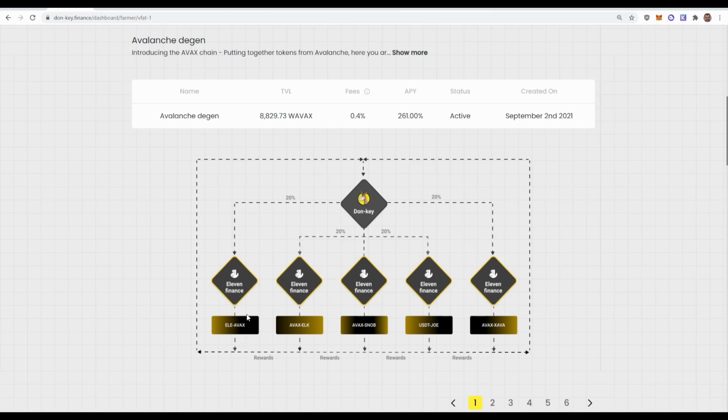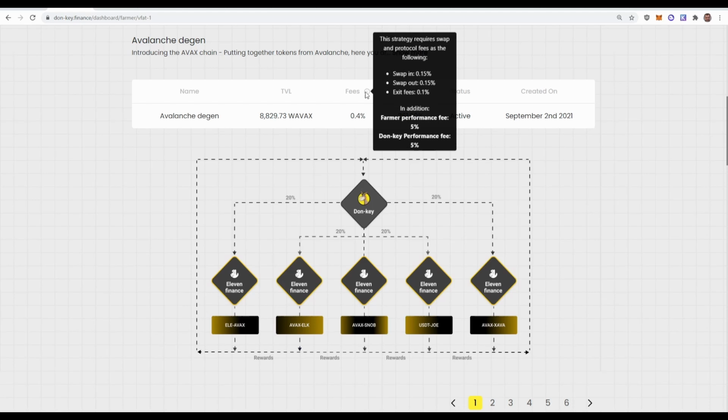My best guess is that it is PancakeSwap. So that's where swap in and swap out fees go. And then we've got exit fees. Those are very likely claimed by 11 Finance. And then, of course, we've got the 10% performance fee, of which 5% goes to the farmer and 5% goes to the Donkey platform.